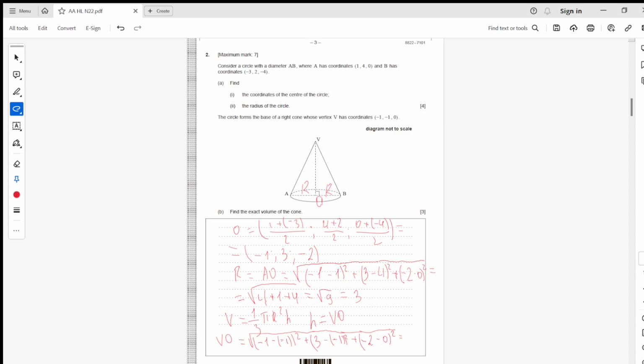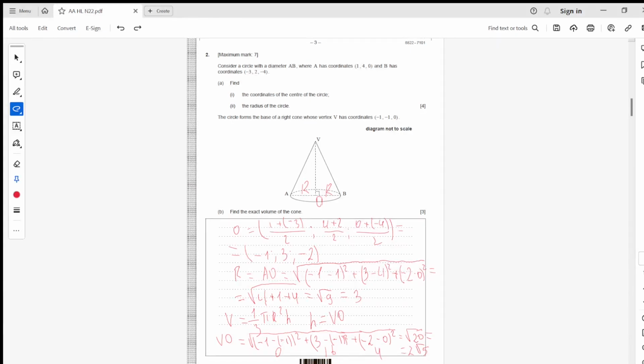So this thing equals 0. This is 16. This is 4. Hence, VO is the square root of 20, which we can write as 2 square root of 5.